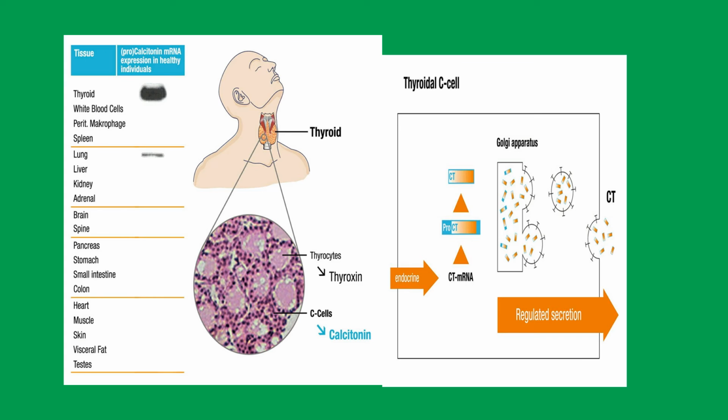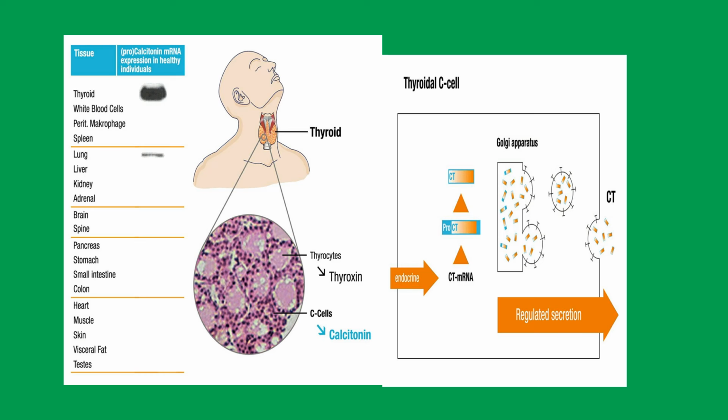So your procalcitonin is also produced in different organs of your body like thyroid, white blood cells, macrophages, spleen, lung, liver, kidney, adrenal, even in CNS, as well as in stomach, pancreas, small intestine, colon, heart, muscles, skin, and even the testes.